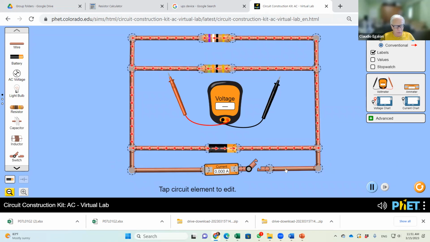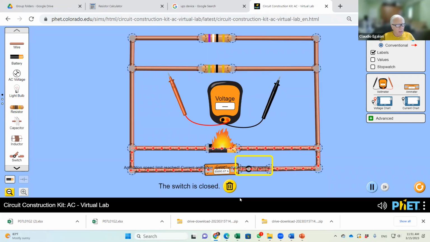There's no resistance here, right? In this circuit, there's no resistance whatsoever. The only resistance that you have is the internal resistance of the ammeter. I'm going to close it. Do you see what happens to the current? The current shot up, and you can see a very high current here, 89,895 amperes.